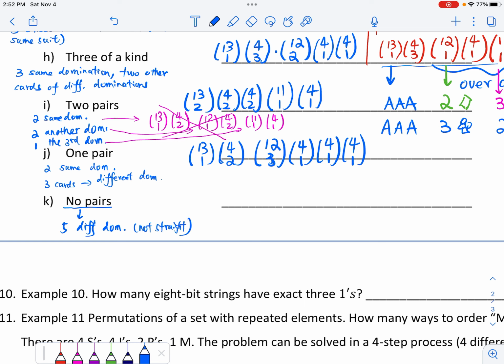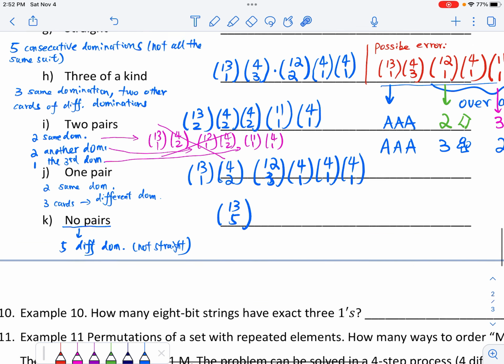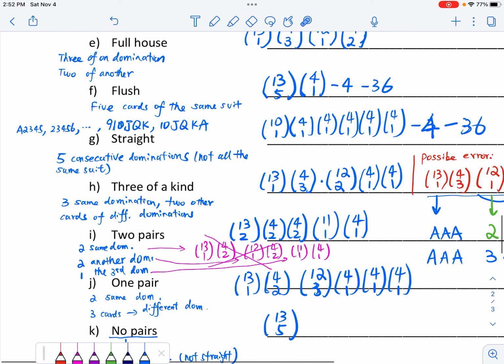So not straight. Now that means I have to choose 5 different dominations in my step 1. However, I want to avoid that they're straight. How many straights could we possibly have? There were 10 possible straights. So therefore, I have to minus the 10.